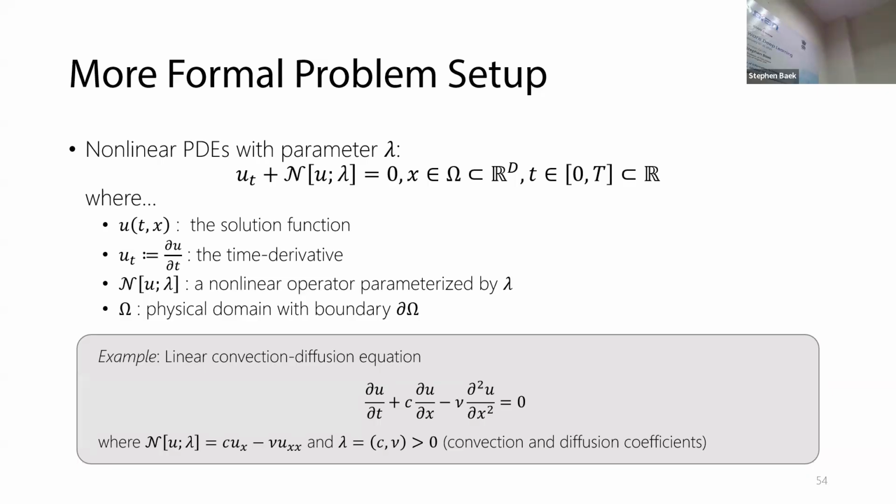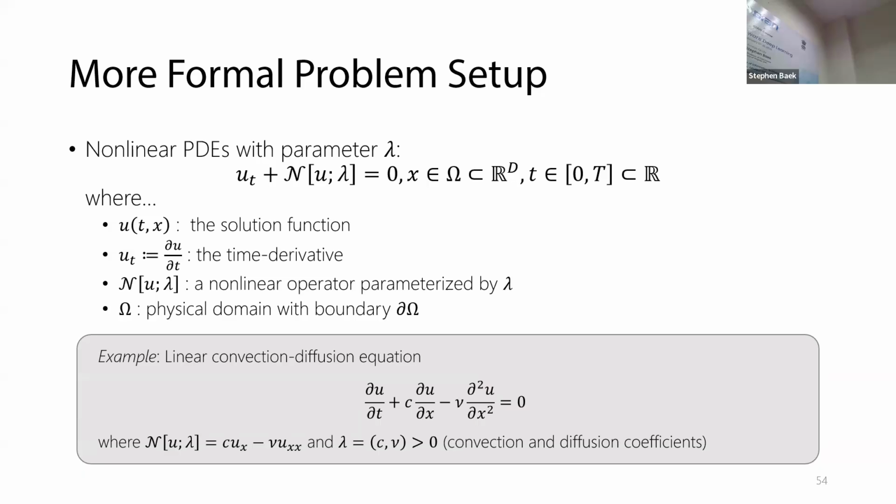So in this setup, okay, except for the time derivative, this whole thing over here is basically our nonlinear operator, okay? And that nonlinear operator is parameterized by C and nu in our case, right?